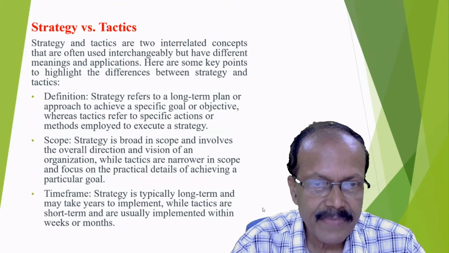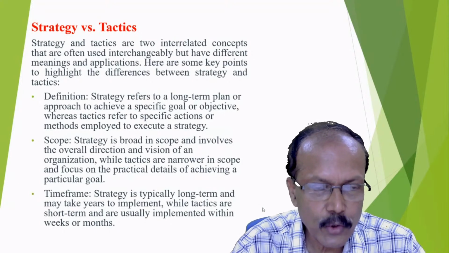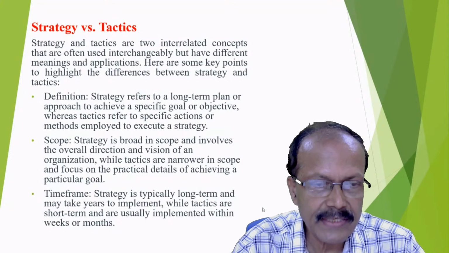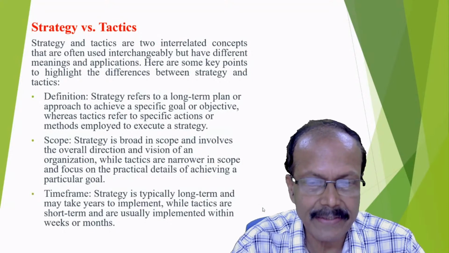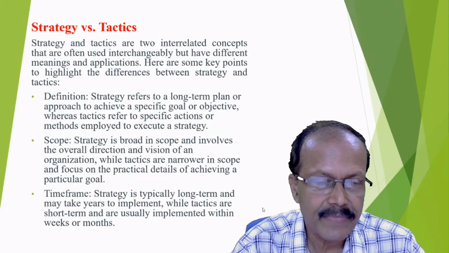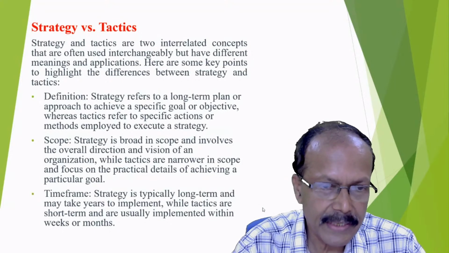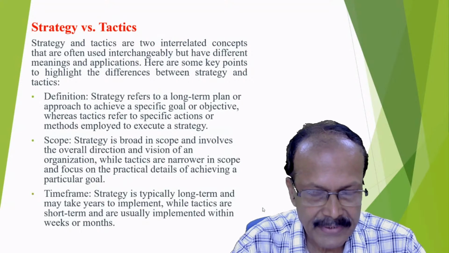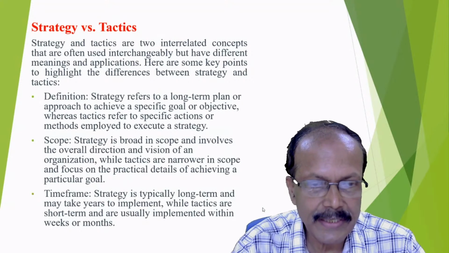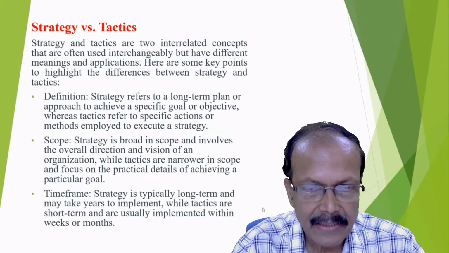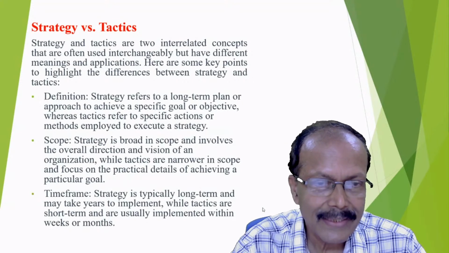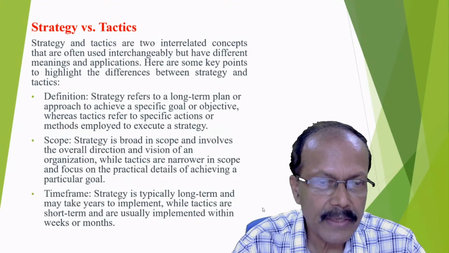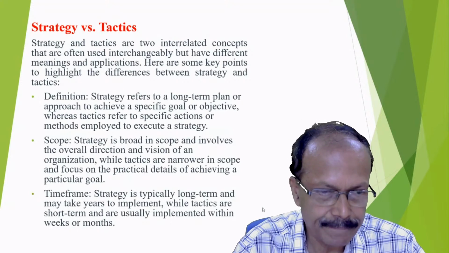While tactics are narrower in scope and focus on practical details of achieving a particular goal. Say with respect to the production department, they would like to decide how to reduce the inventory and how to ensure timely production and production with an error-free approach.